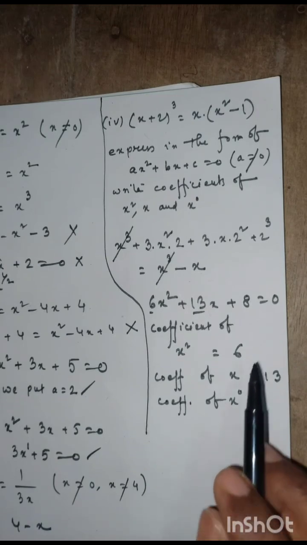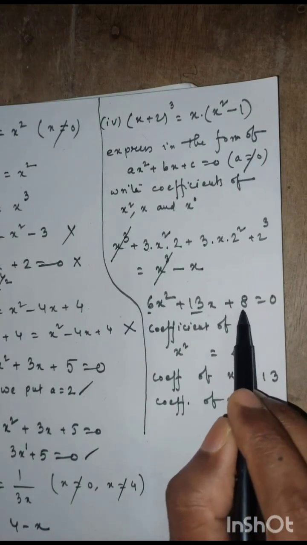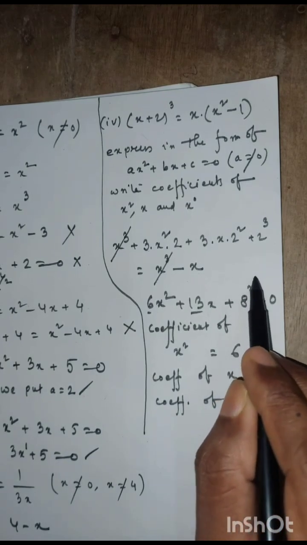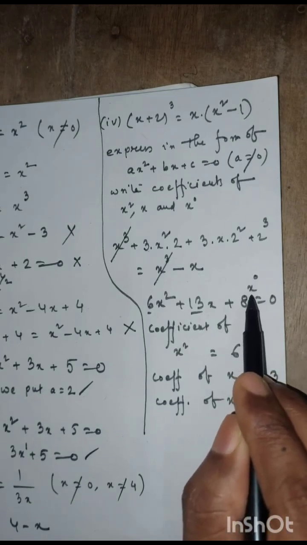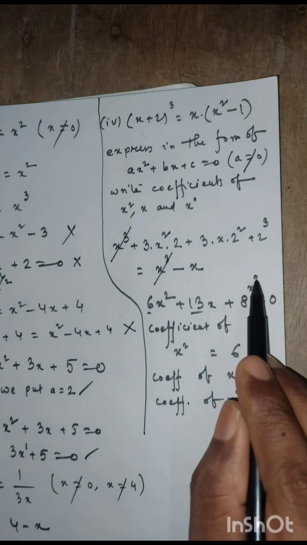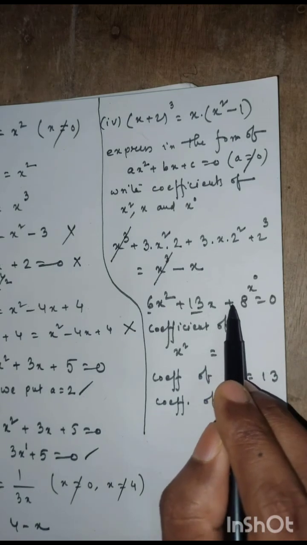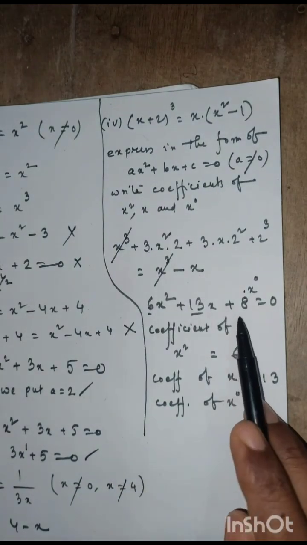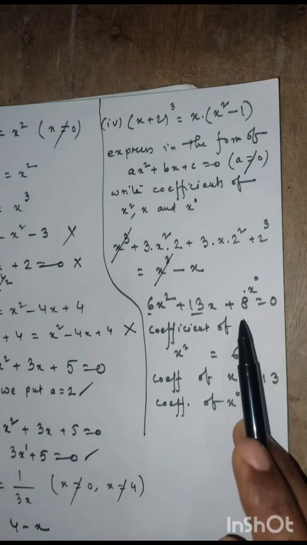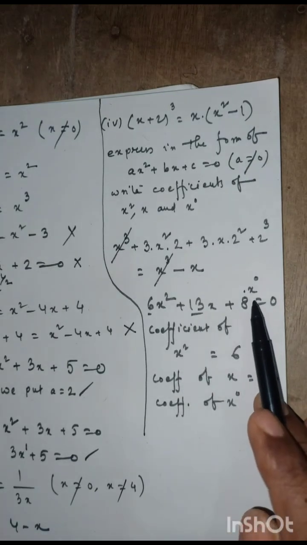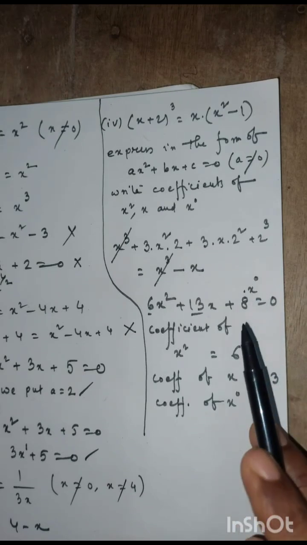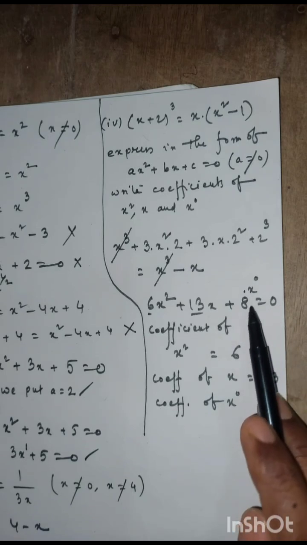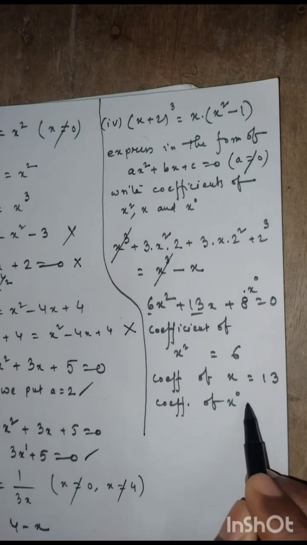So x to the power 0, here we can see it is plus 8, so it can be written as plus 8 into x to the power 0. Why? Because x to the power 0 is actually 1, we know something to the power 0 is 1. So plus 8 or plus 8 into 1 is same. So we can write it with the coefficient. X to the power 0 is 1. So plus 8 and plus 8 into 1 is same. Okay. So coefficient of x to the power 0 equal to 8.